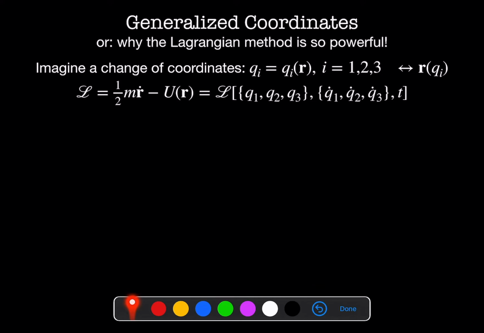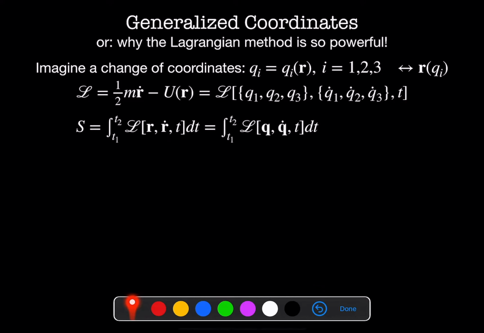My initial Lagrangian in terms of my Cartesian coordinates is going to be 1/2 mv squared minus U of r. And this is equal to my Lagrangian in these new coordinates. So I've got q1, q2, and q3, and q1 dot, q2 dot, and q3 dot, and these are all a function of time.